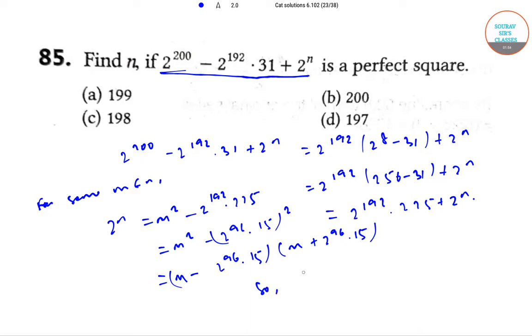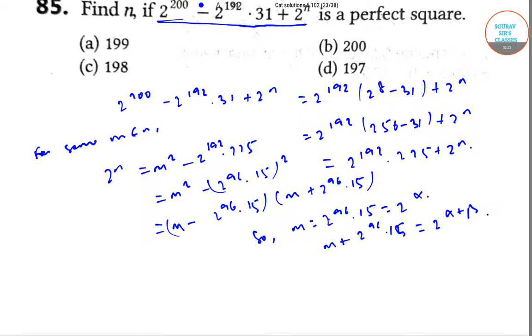So m − 2^96 × 15 is equal to 2^alpha, and m + 2^96 × 15 is equal to 2^(alpha+beta).